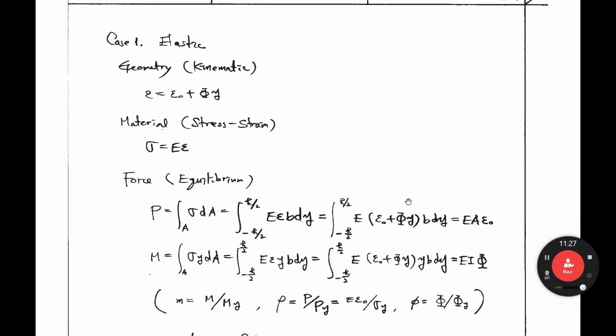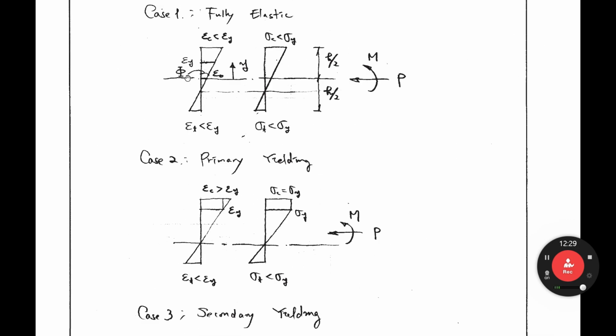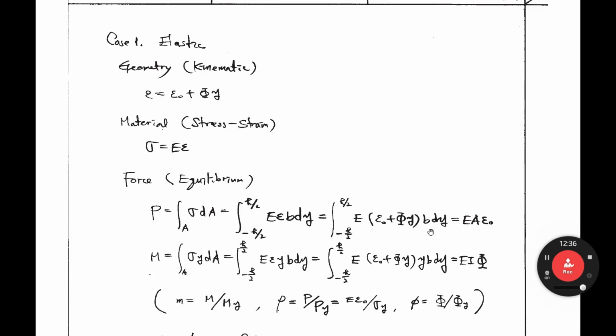This term disappeared. Let's look at this curvature. Curvature is independent from this integral, right? So the integral of y b dy. What is that? The name is the first moment of section, regarding the centroid, where y is the distance from the centroid over the section. What is that value? That value is 0.